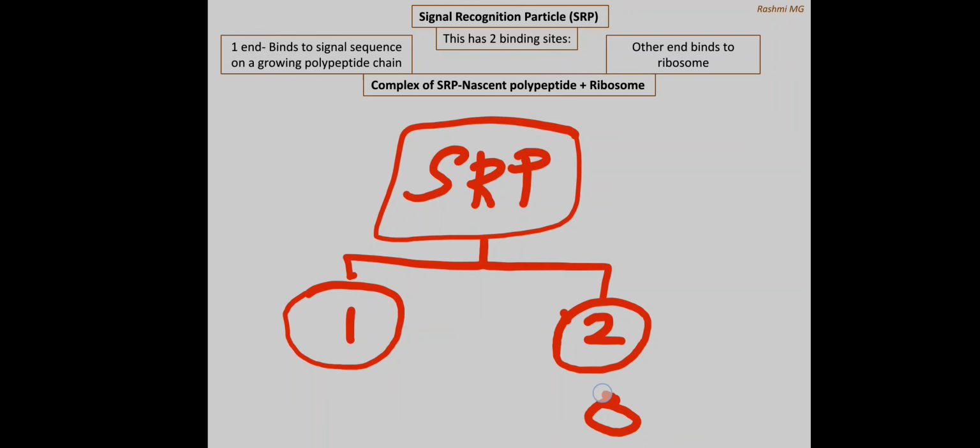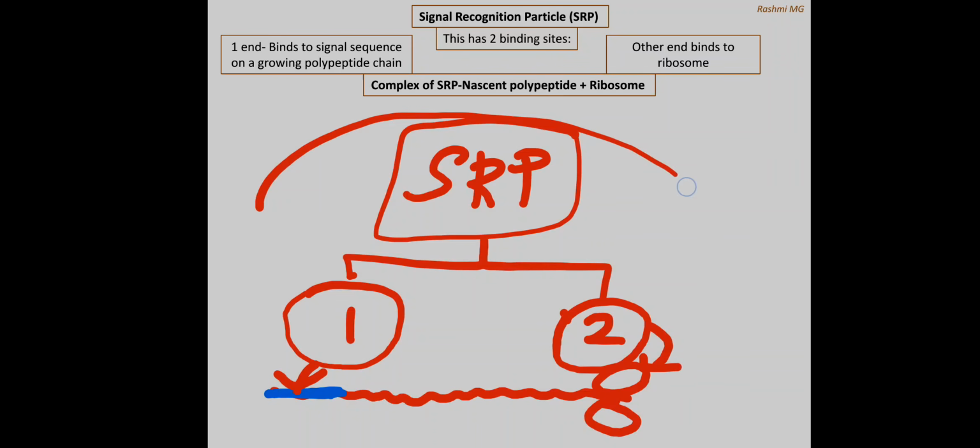Consider this as a ribosome which is producing the polypeptide chain, and consider this as a signal sequence. The signal recognition particle has two ends, right? One end will bind to this signal sequence. The other end, it is already bound here, will bind to the ribosome.